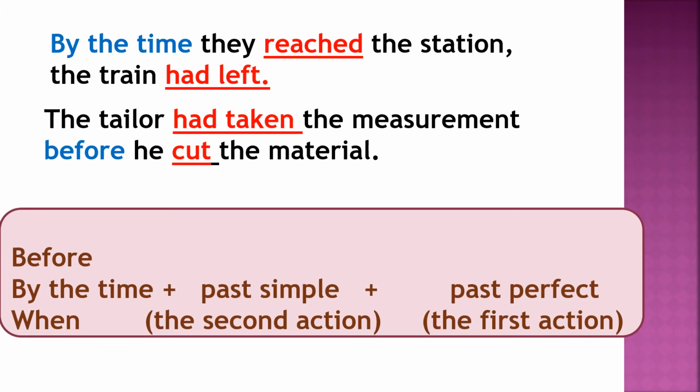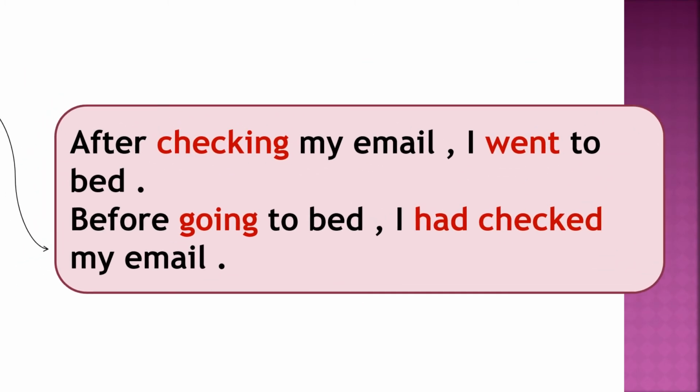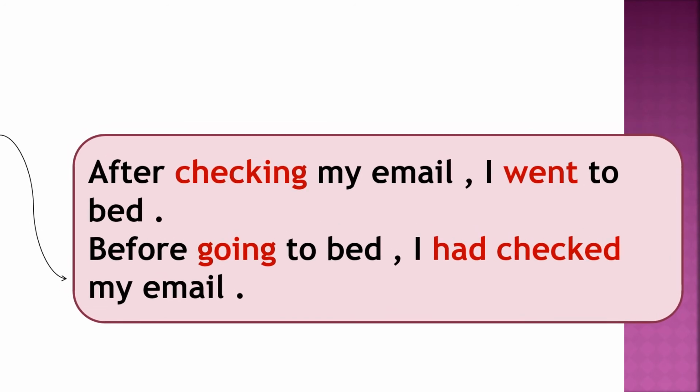Before or by the time or when, we have the second action and then the past perfect and the first action. Here, after checking my email, I went to bed.